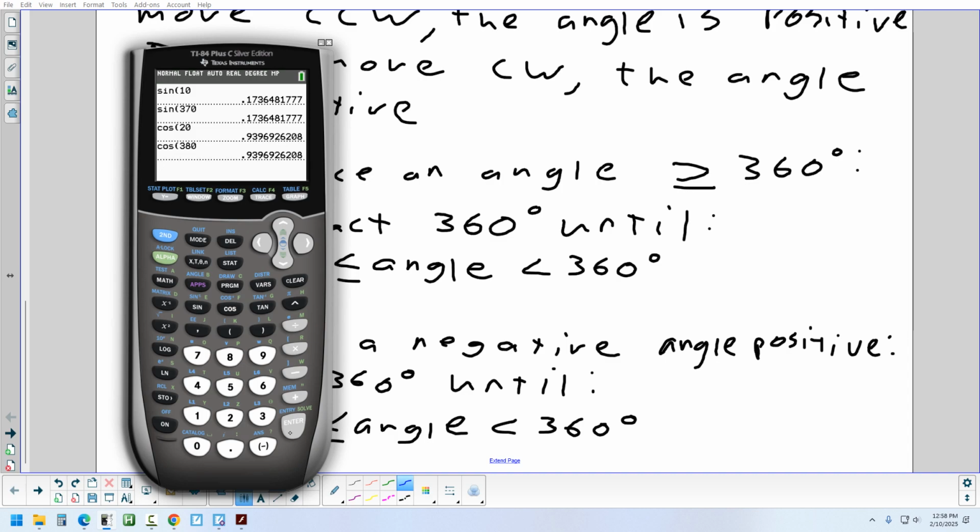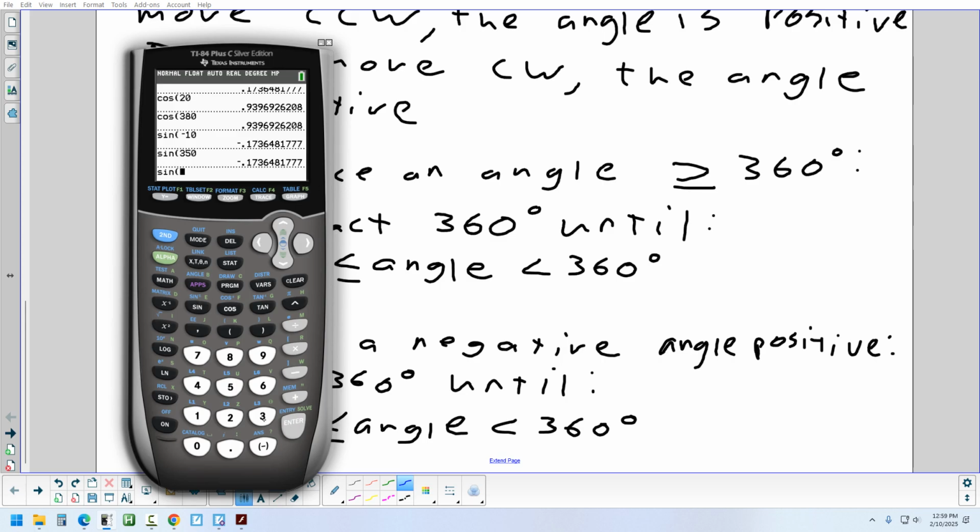If I had to choose which one to work with to get that answer, I would choose the 20 because it's smaller. How about sine of negative 10? What would that be the same as if it was a positive number? 350. Yep. If you add 360 to negative 10, you get 350.